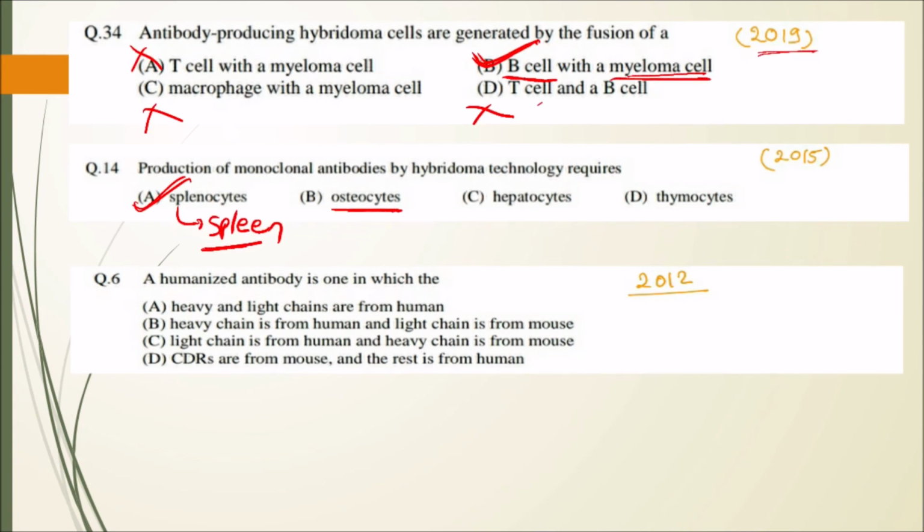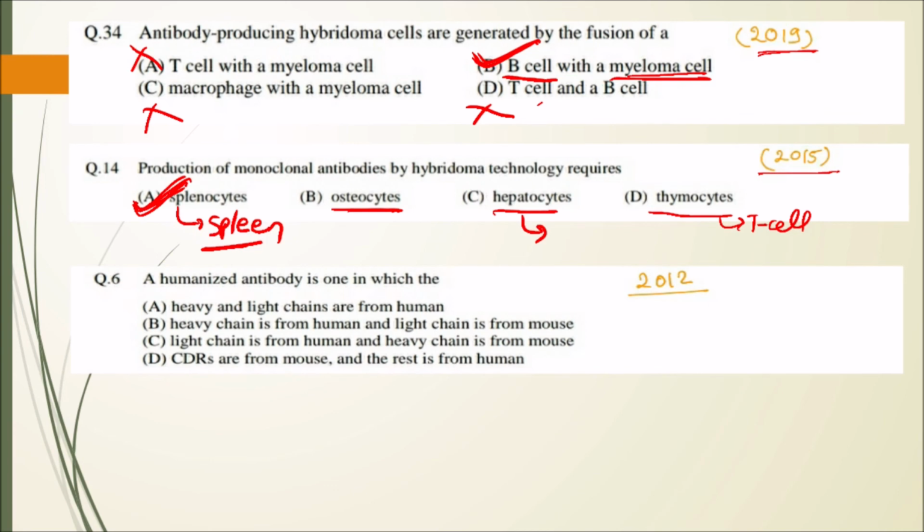Osteocytes are for bone cell generation, hepatocytes are the site for liver cells, and thymocytes are the site for T cells. Only splenocytes can be used for hybridoma technology. This question was from 2015.